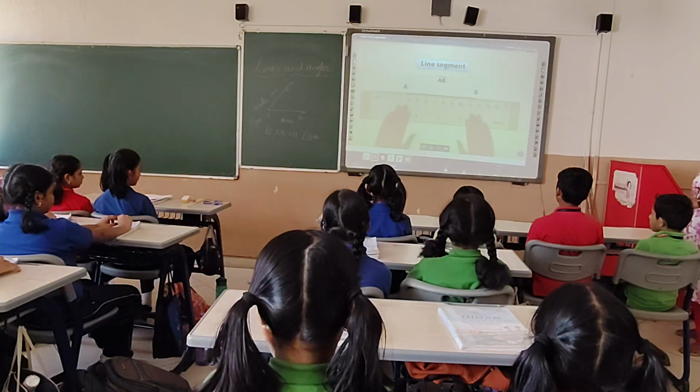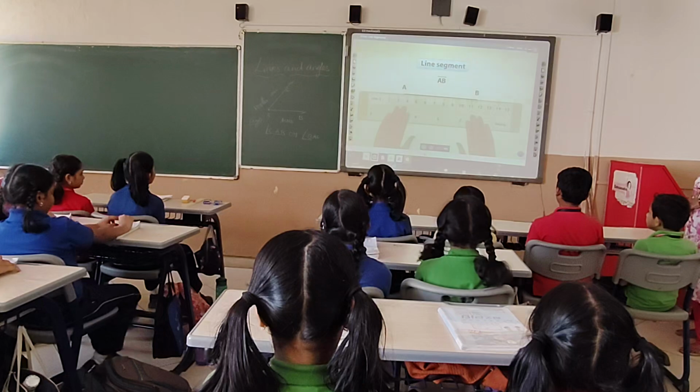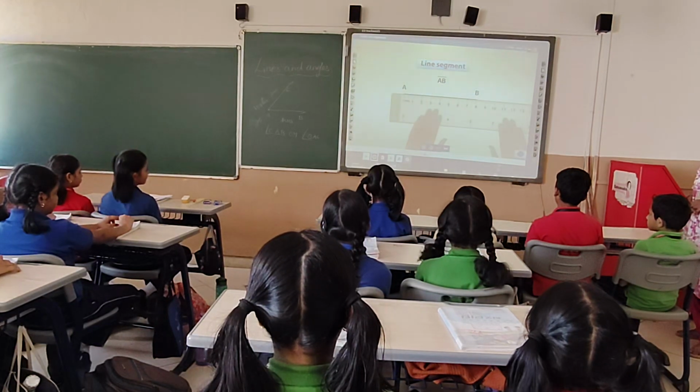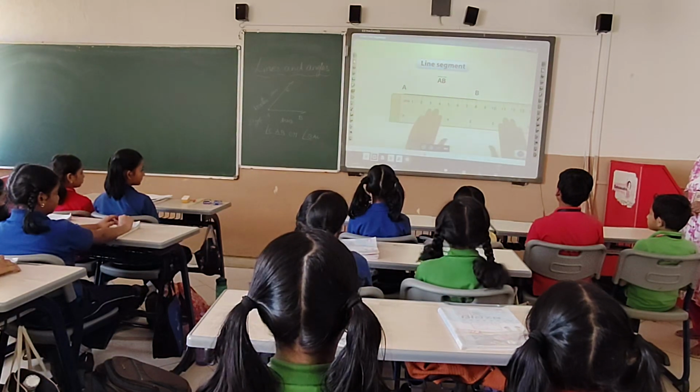First, we bring the ruler along the line segment AB. Now, let's adjust the ruler such that its zero mark is exactly under the starting point A of the line segment.